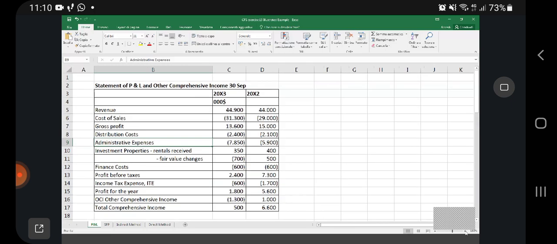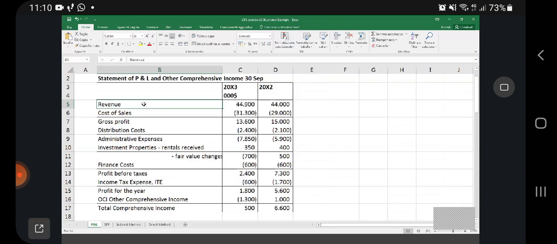Revenue. What is the revenue? Revenue from sales or revenue from rendering services. It doesn't matter at this point, this is just revenue for the companies. You can see that the amount of the revenue is given for the 2 years, and after that we have the cost of sales. We also know this cost of sales amount, in other words, as cost of goods sold.